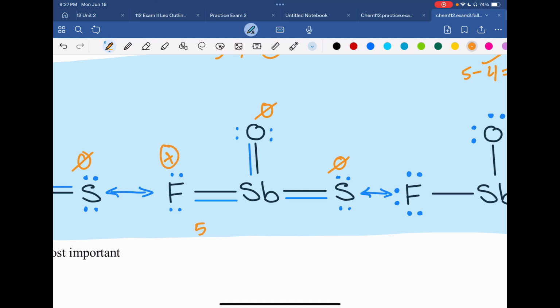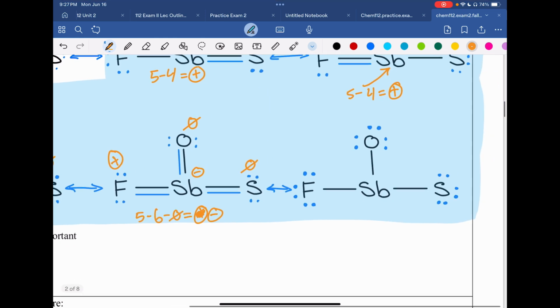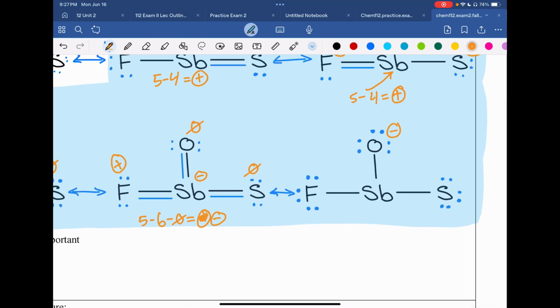This antimony is 5 minus 6 lines. No dots. Negative, I meant. Sorry. Negative. Right, quick math. This one is negative. This one is neutral. Your antimony should be 5 minus 3 lines. This is plus 2.